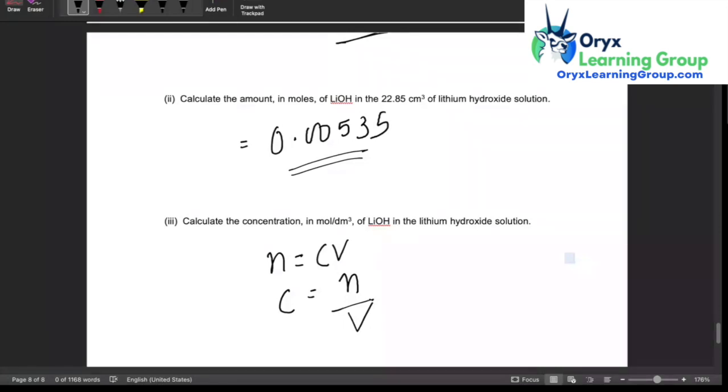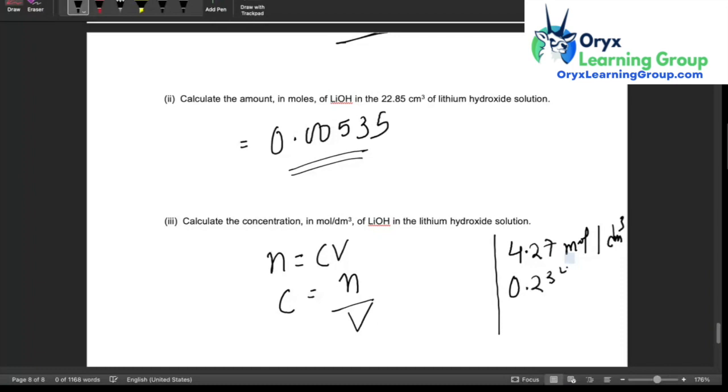I got the answer. Okay, how much did you get? I got 4.27. Okay, let me write it here. So you got 4.27 moles per dm cube. Okay. Anybody with a different answer? Yeah, I got 0.234 moles per decimeter cube.